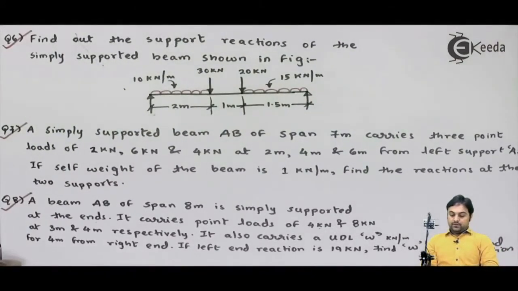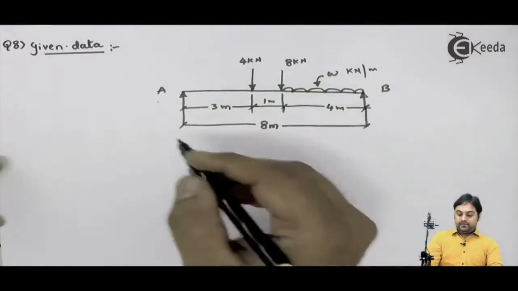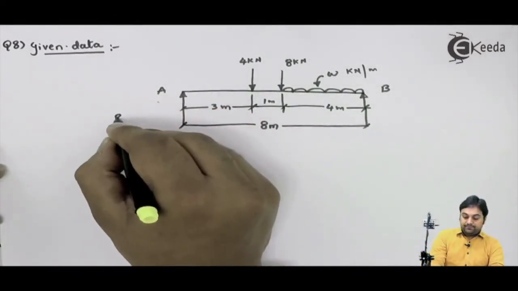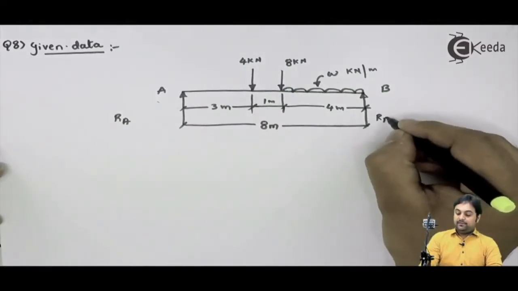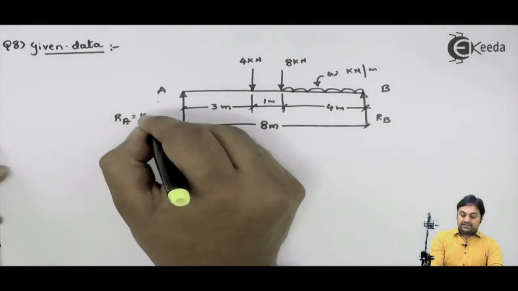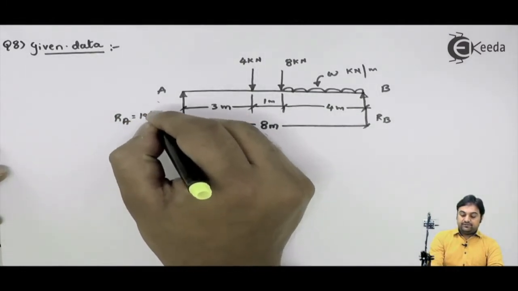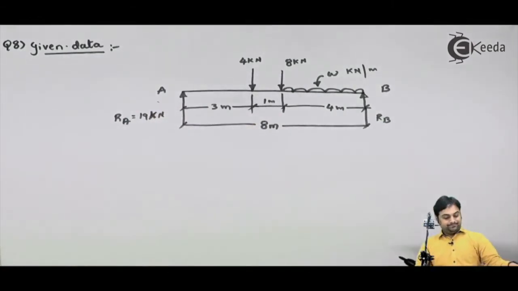Then if left end reaction is 19 kilonewton, I am marking this as A and B. So here RA will be my left end reaction, RB will be my right end reaction. Left end reaction is given as 19 kilonewton. So this is the first problem in which reaction value has been given.